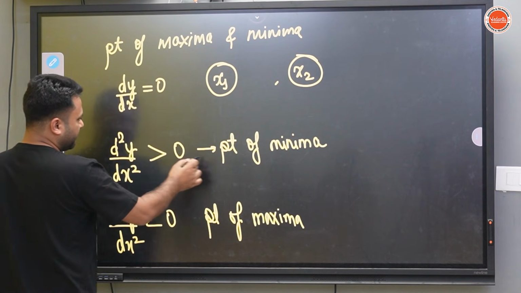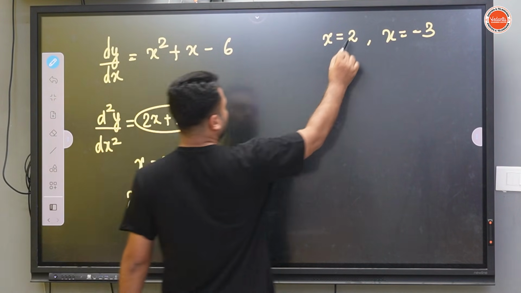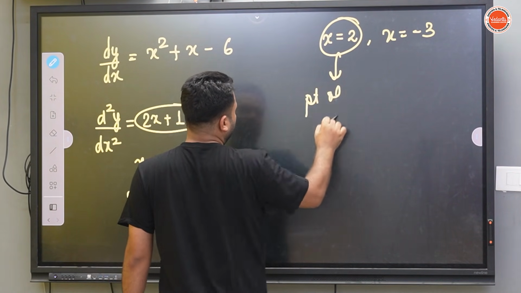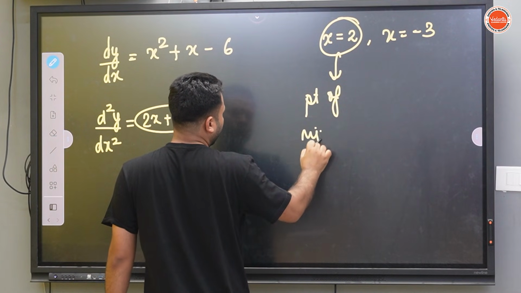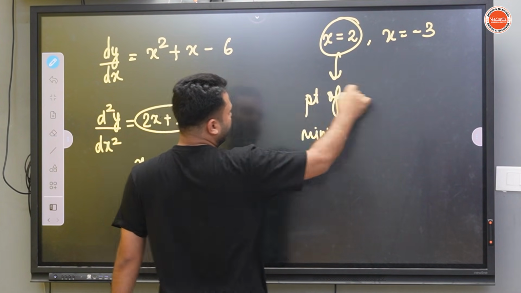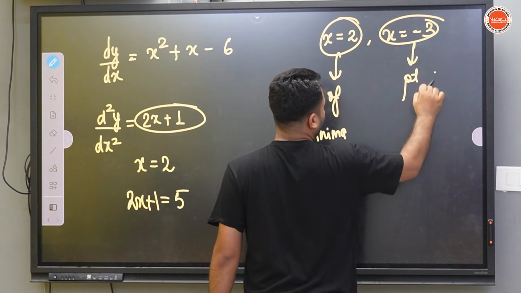So x equals to 2 is a point of minima. Clearly, if this is the point of minima, the other will be the point of maxima.